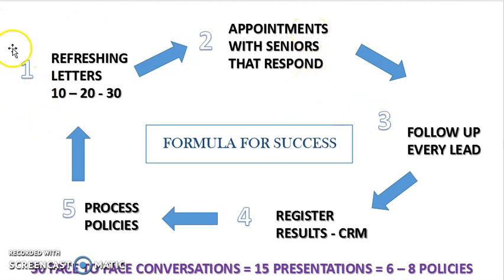So the first step is marketing. Depending on what type of list we have, depending on what type of lead we're working with, that's the type of letter that we're going to use. Those are called refreshing letters, because instead of just cold calling, we use this strategy to introduce ourselves as an assigned agent, and you'll see it on the letters.